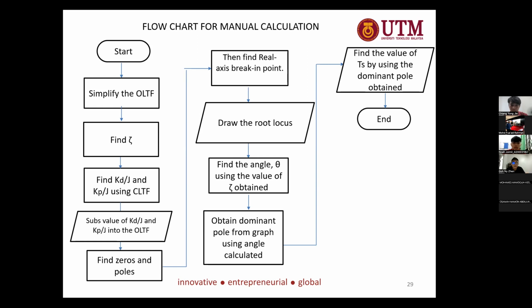And then I find the real axis break-in point. Then draw the root locus. And then find the angle using the value of damping ratio obtained. Then next, obtain the dominant pole from the graph using an angle calculator, and then find the settling time TS using the dominant pole obtained.